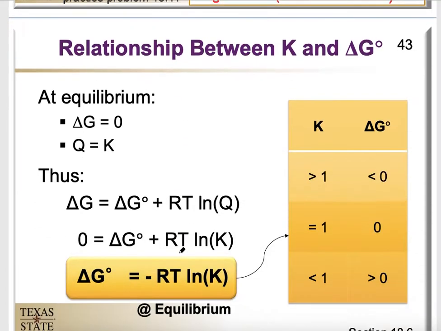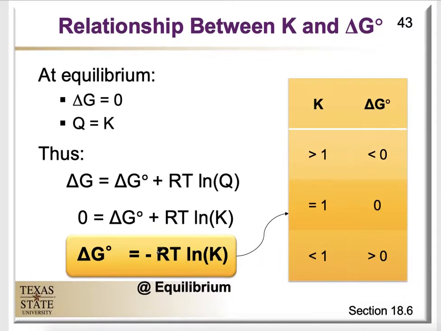All right, so now we mentioned earlier on that the Gibbs free energy change is equal to 0 at equilibrium, because at that point your system is not changing, in that the concentration of the reactants and the products is basically set, right?